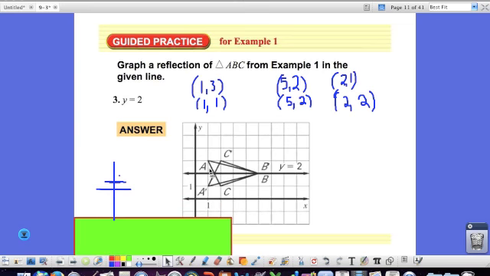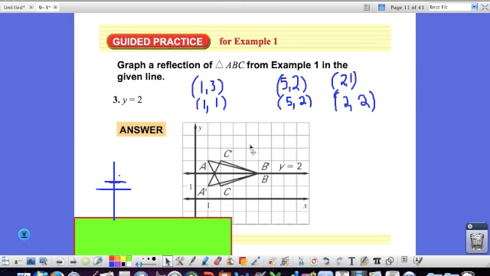Okay, so you can see our A prime is now at 1, 1. Our B did not change, and our C flipped from 2, 1 to 2, 2.